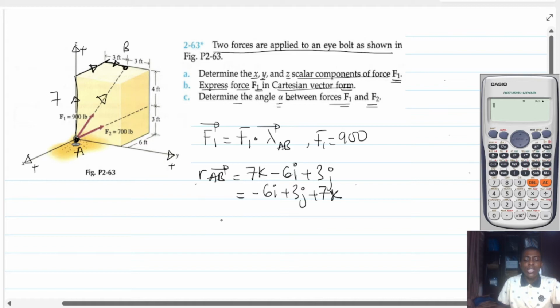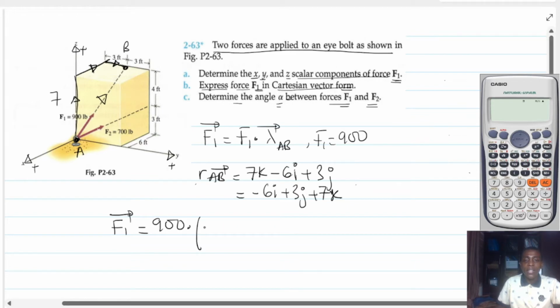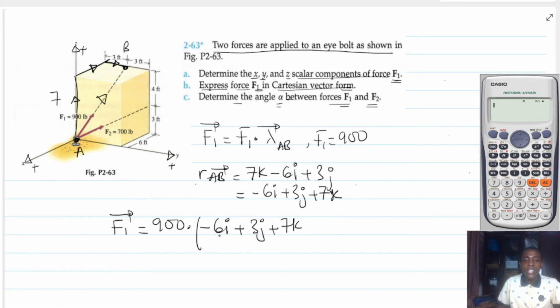Now, if I want to get the force in space, I multiply this 900 by the unit vector, which is minus 6i plus 3j plus 7k, divided by the magnitude, the square root of minus 6 squared plus 3 squared plus 7 squared.